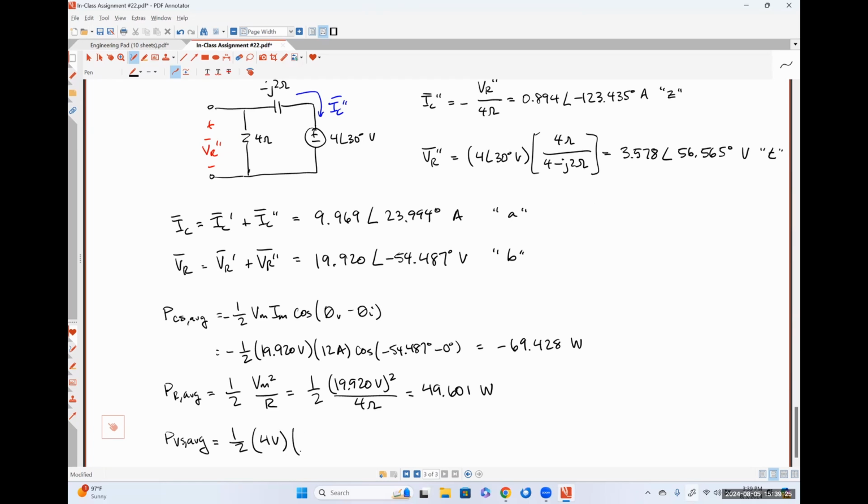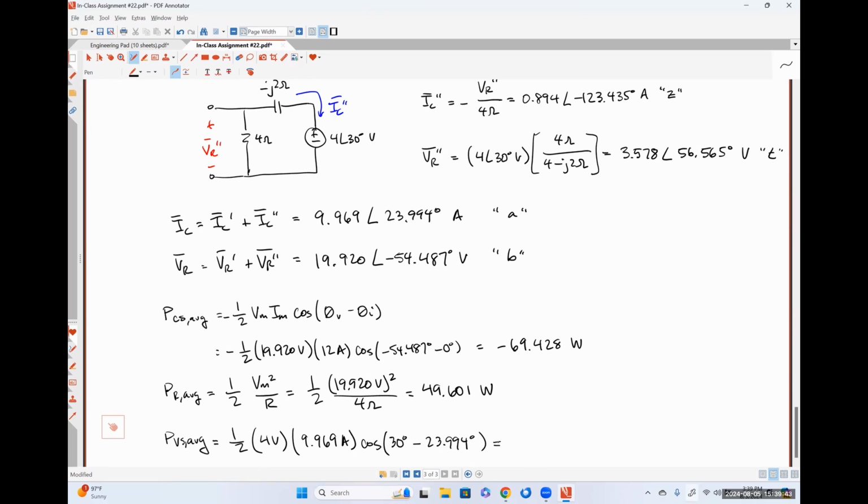The magnitude of the current was 9.969 amps. Cosine, the phase angle of the voltage was 30 degrees. The phase angle of the current was 23.994 degrees.